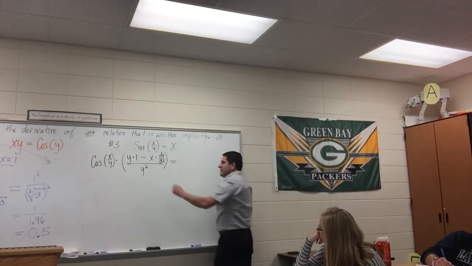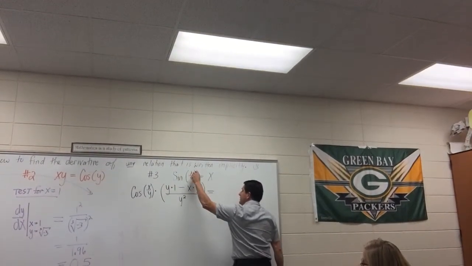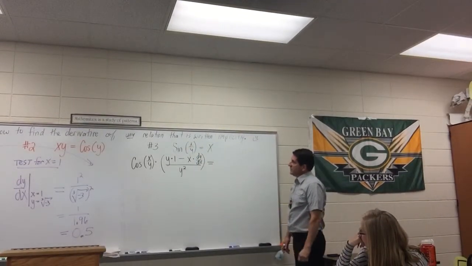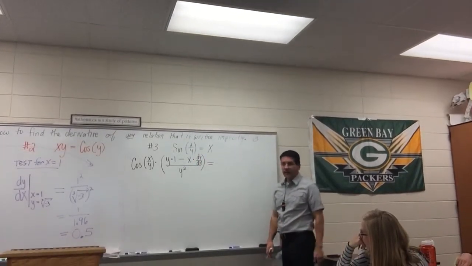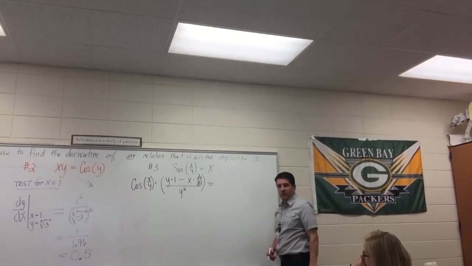Okay. This is us applying the quotient rule to the derivative of x divided by y. And we have a dy/dx that's buried inside of there that we're going to have to solve for algebraically. Okay, derivative of the right side is 1.